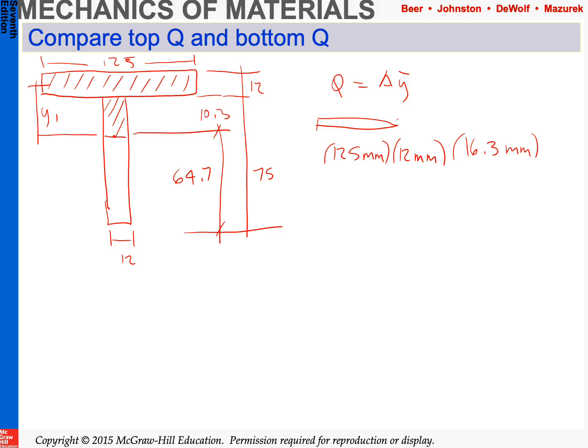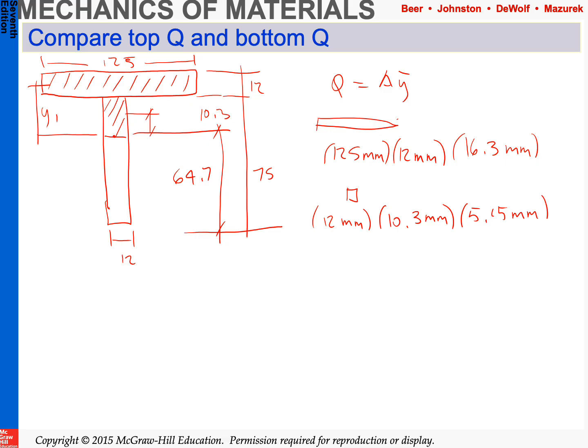So AY bar, and then we have that little tiny piece we have to add on to it, which is 12 millimeters by 10.3 millimeters by the Y bar of 10.3, which is half of that, 5.15 millimeters.